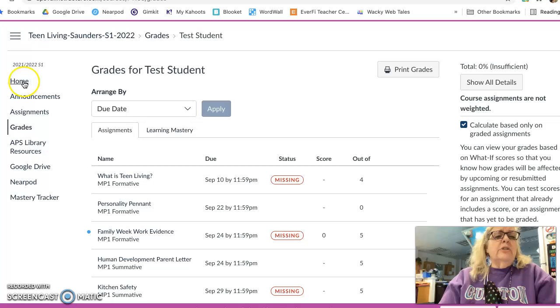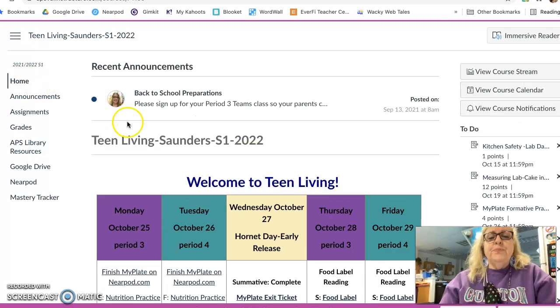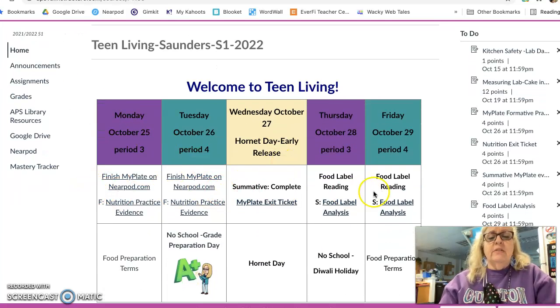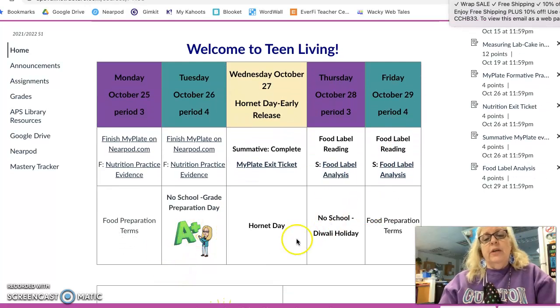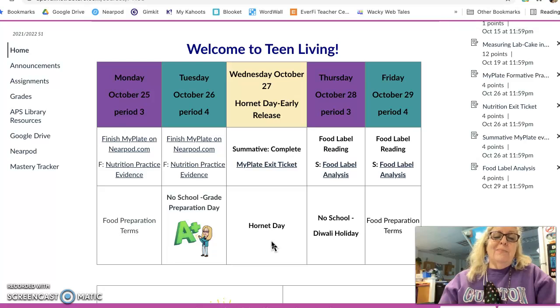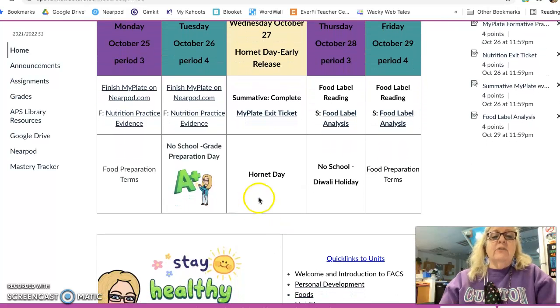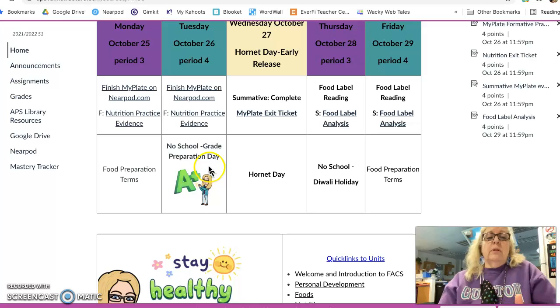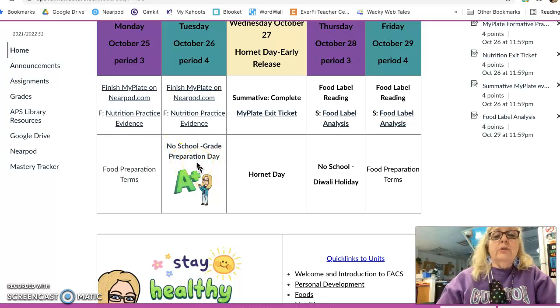So if we go back to the home page, not only do we have the upcoming next week, and then if I'm feeling really wild and crazy and organized, I have the week after that. We're nearly at the end of the grading period, and here's your day off for grade prep.